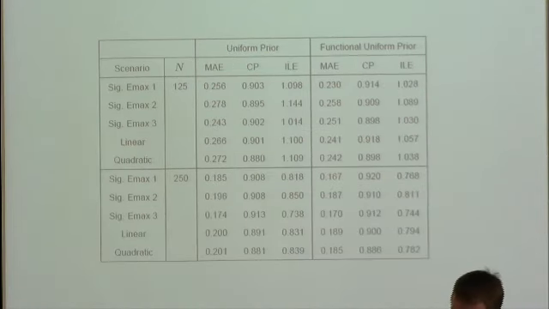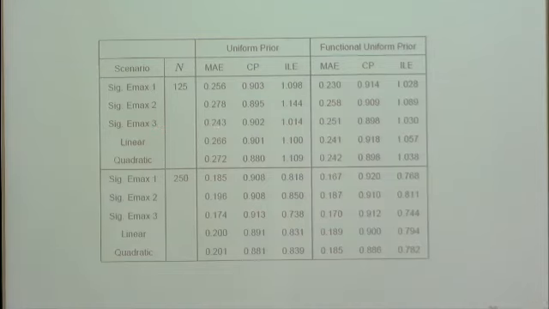If you look at the estimation of the dose response function, you see as well, so the MAE is a mean absolute estimation error. You see that the functional uniform prior performs better in most of the cases. Actually, for the sigmoid Emax 3, the uniform prior is a little bit better.